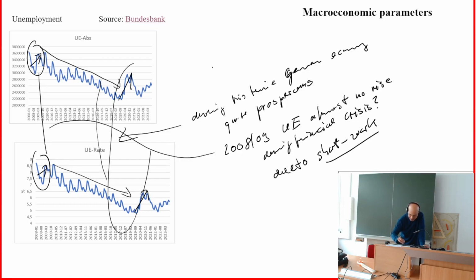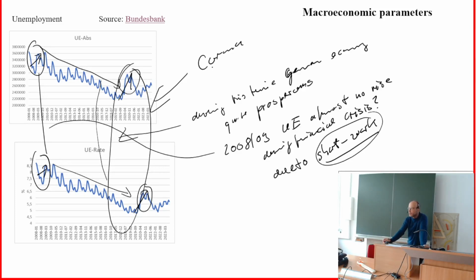Well, then, of course, here you have Corona, and again, compared with the economic downturn in Corona, this is really only a very small increase of unemployment. And again, the reason was the short work, and at the peak of Corona, we had in Germany about 7 million people in short work.